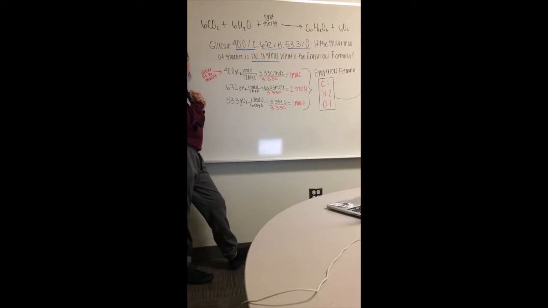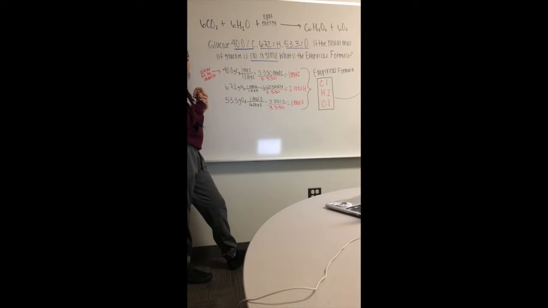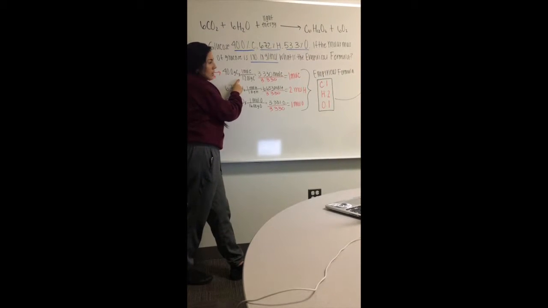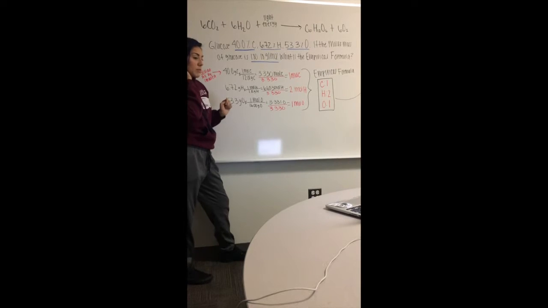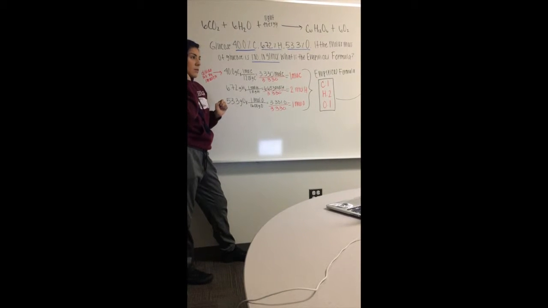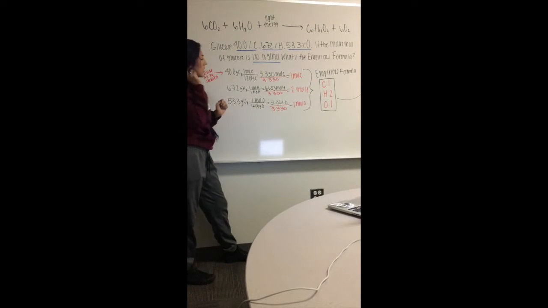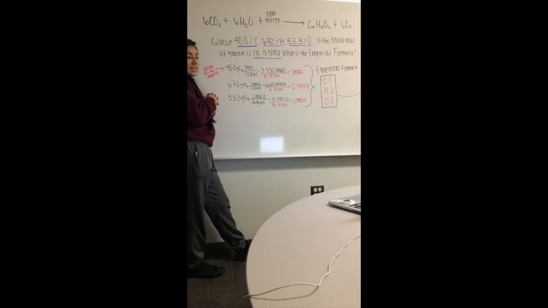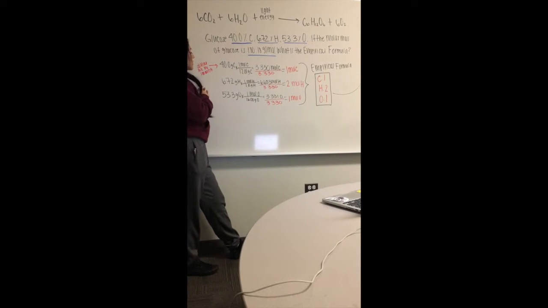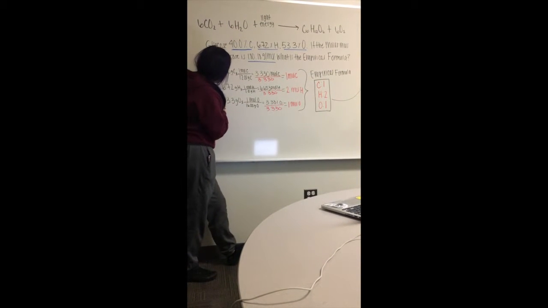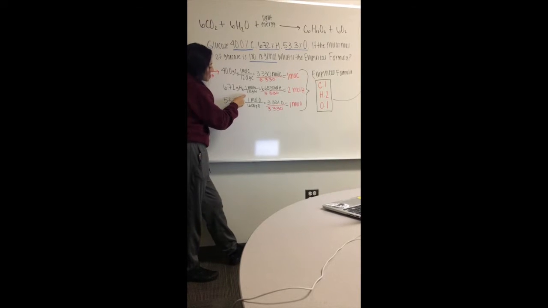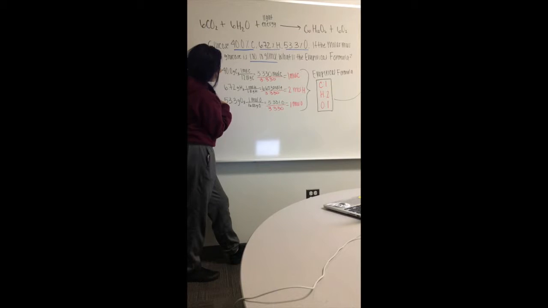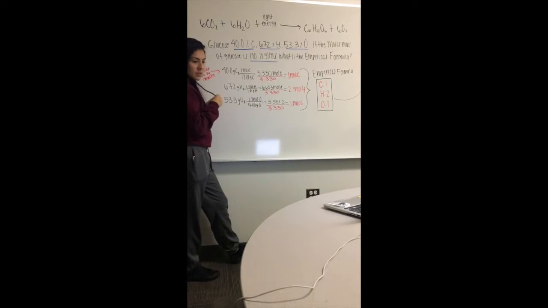The first thing you need to do is write down the given, which is 40.0 grams of carbon times 1 mole of carbon divided by 12.01 grams of carbon, which equals 3.330 moles of carbon. Next is 6.72 grams of hydrogen times 1 mole of hydrogen divided by 1.01 grams of hydrogen, which equals 6.653 moles of hydrogen.